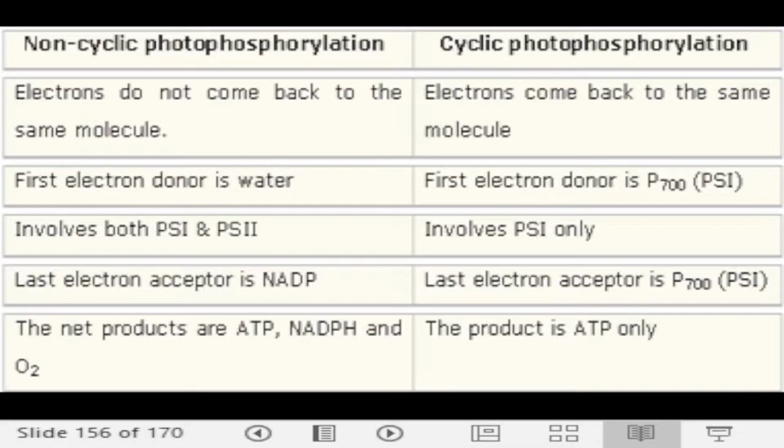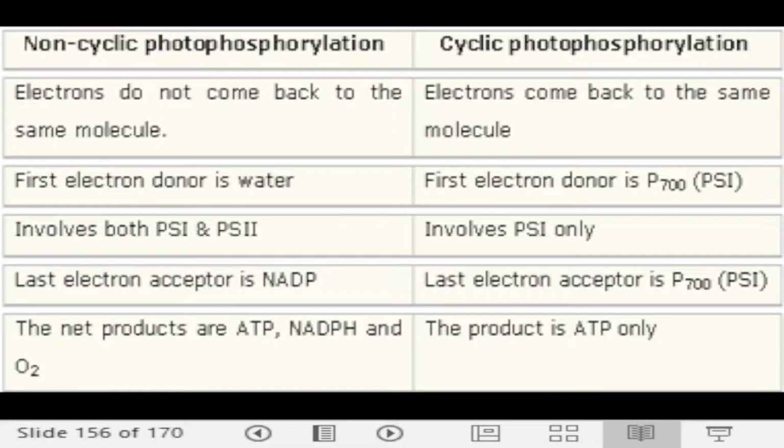And lastly, for non-cyclic photophosphorylation, the net products are ATP and NADPH. Both ATP and NADPH would be used to power the Calvin cycle or the dark reaction. And simultaneous to that, oxygen is released as a waste gas. While for cyclic photophosphorylation, the product is ATP only.